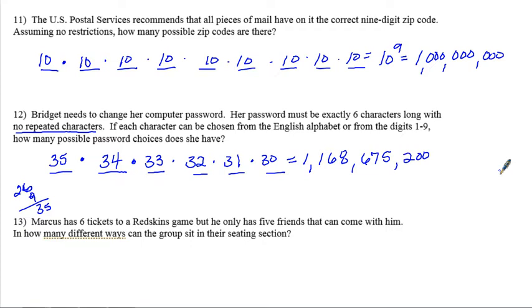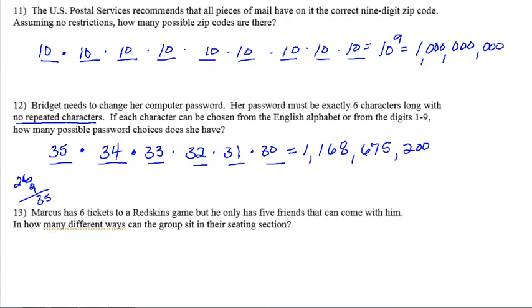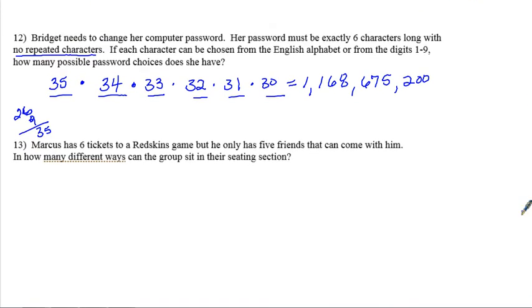Let's take a look at example 13. Marcus has 6 tickets to a Redskins game, but he only has 5 friends that can come with him. Now, that's 5 friends plus him, so that's 6 total people. How many different ways can the group sit in their seating section? When you're sitting people down, this means order matters.